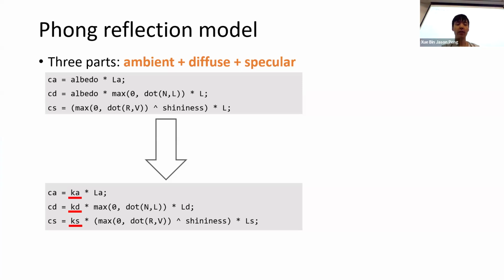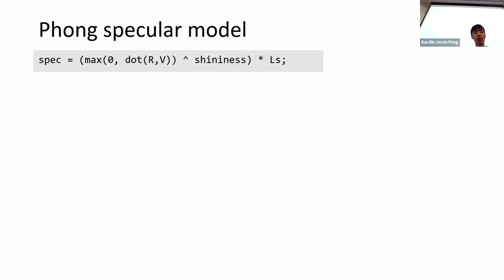So one thing to note about this Phong reflection model is that, similar to the diffuse model, we need to use this clamp to remove any negative values that we might get from the dot product inside our lighting model.